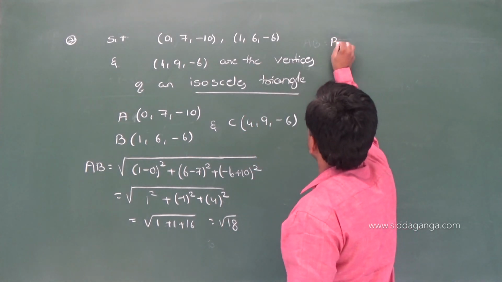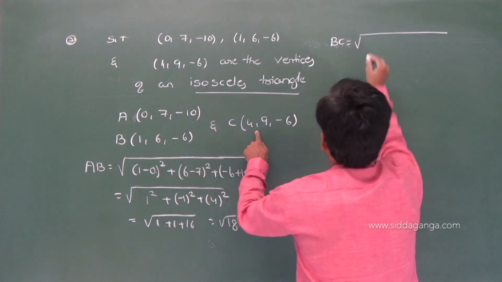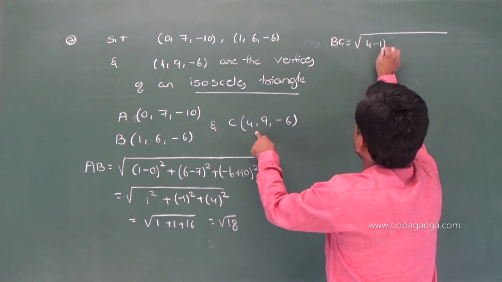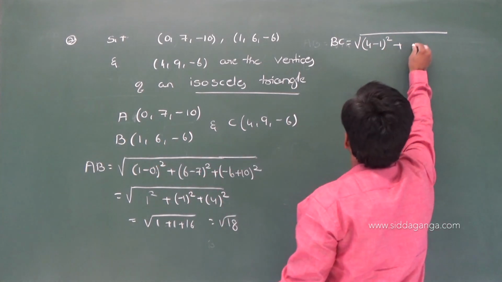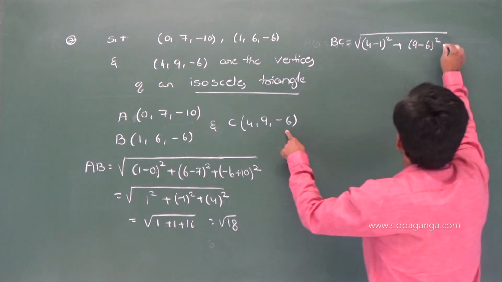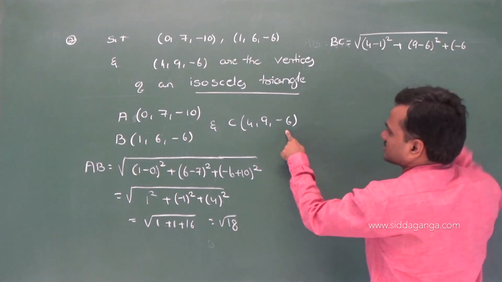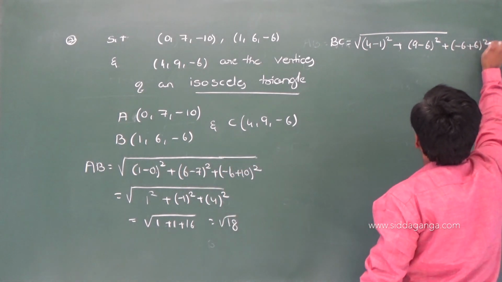Similarly, we find the distance from B to C. It is square root of (4 minus 1) whole square plus (9 minus 6) whole square plus (minus 6 minus of minus plus 6) whole square.